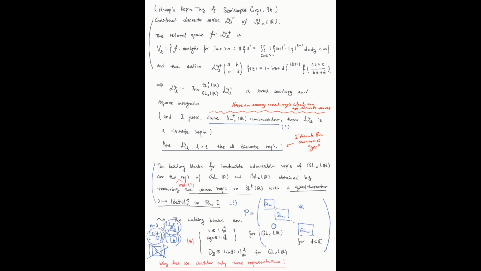It is true that SL2 plus minus R is unimodular, but this is not really the reason why D_l is a discrete series representation, because there are other representations that are not discrete series, for instance the so-called principal series representations.